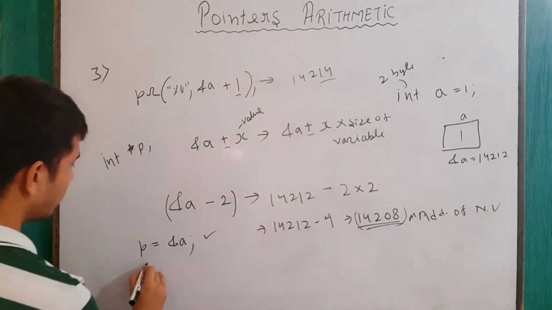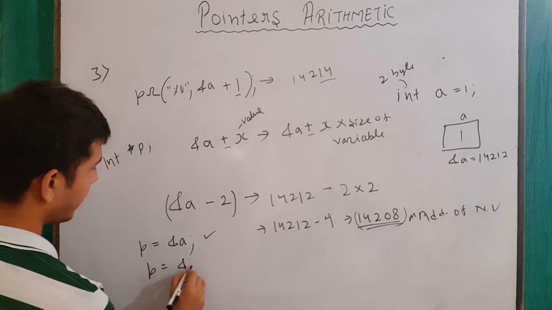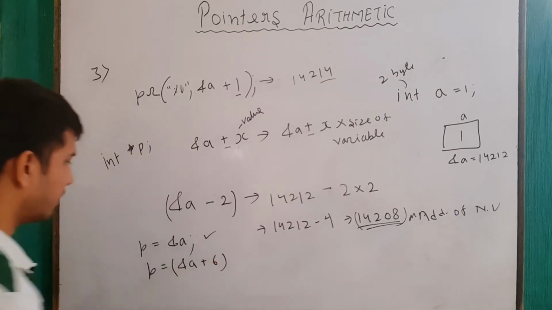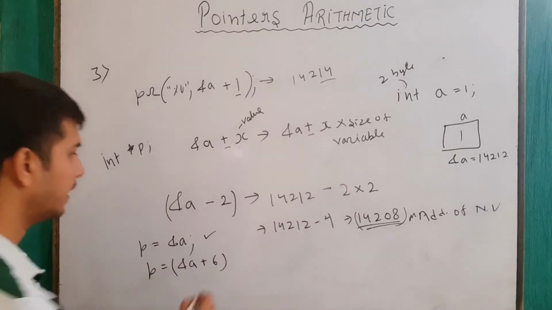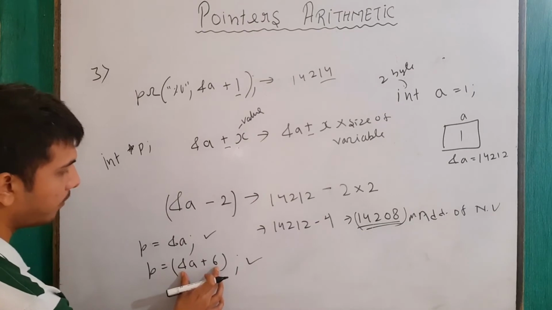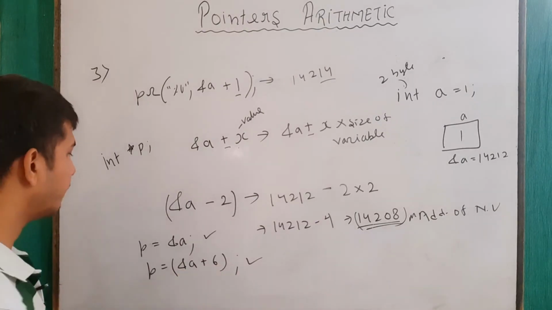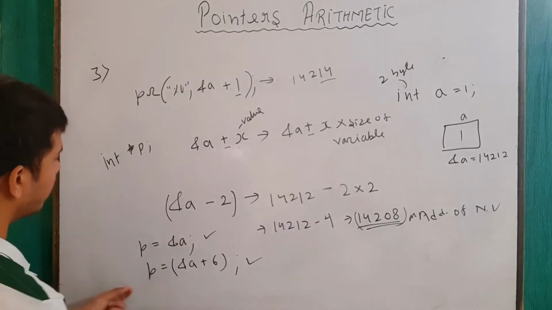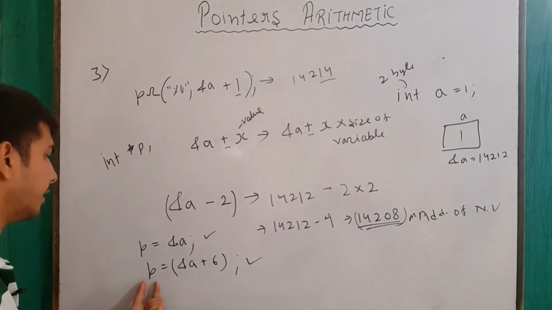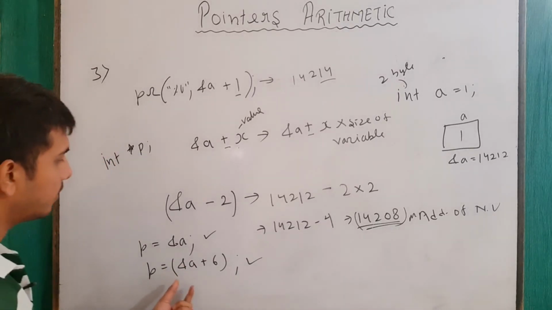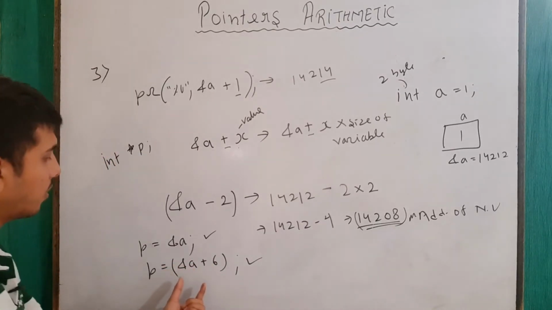So if I ask whether p can hold the address of this, yes, it can. Because after performing the operation &a + 6, whatever I get will also be the address of a normal variable, and we know from the previous videos that p is able to hold the address of a normal variable. This is why we talked about the second point.